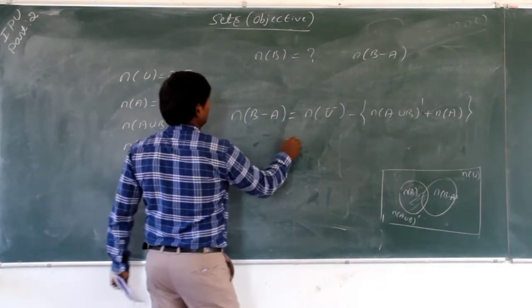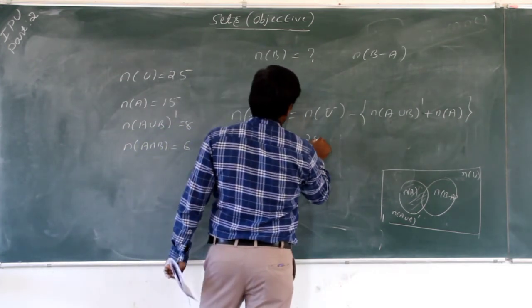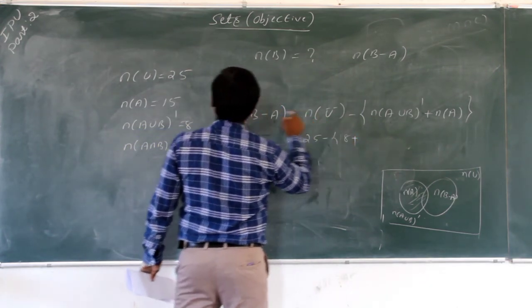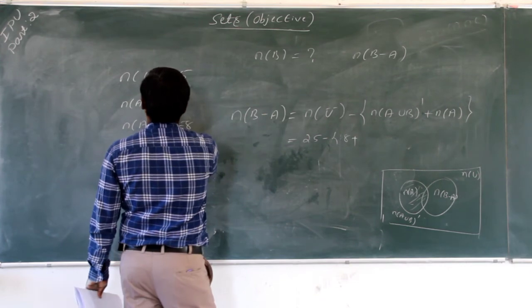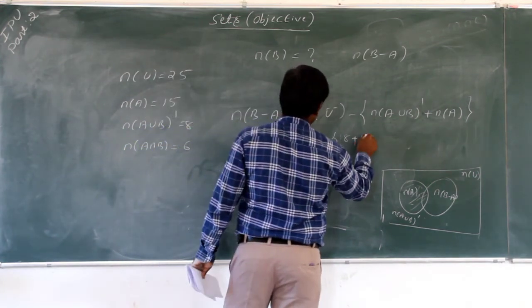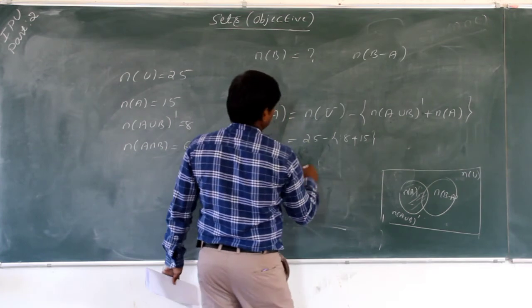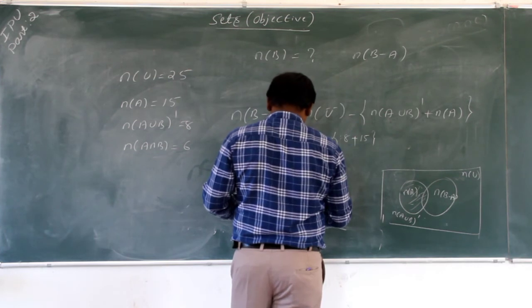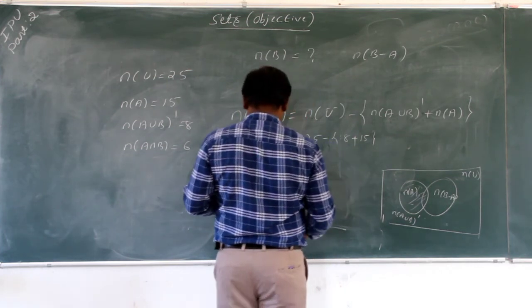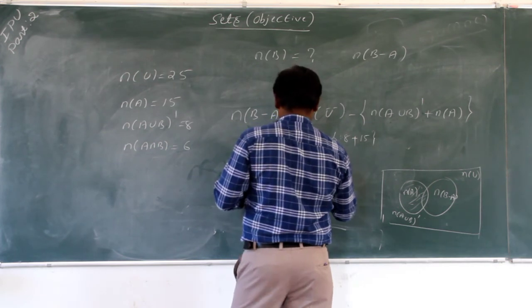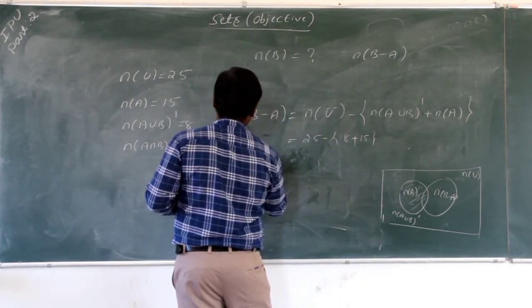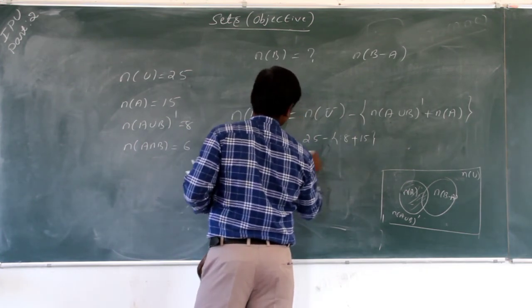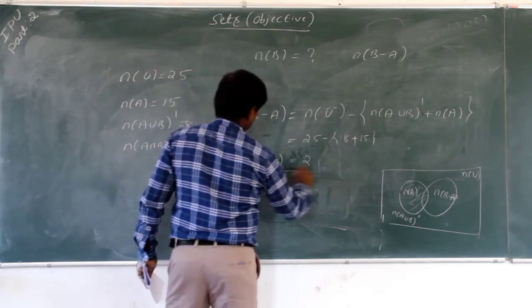So n(U) is 25, minus n((A union B)') which is 8, and n(A) is given as 15, so it is nothing but 2. So n(B minus A) is 2.